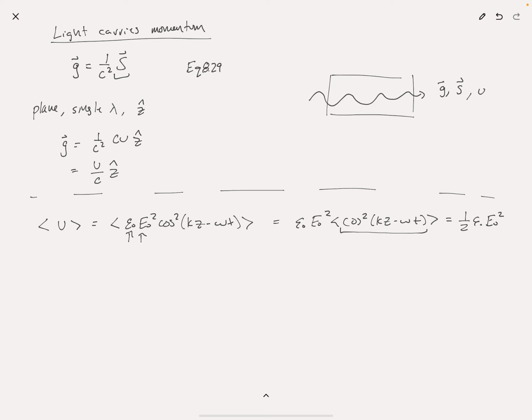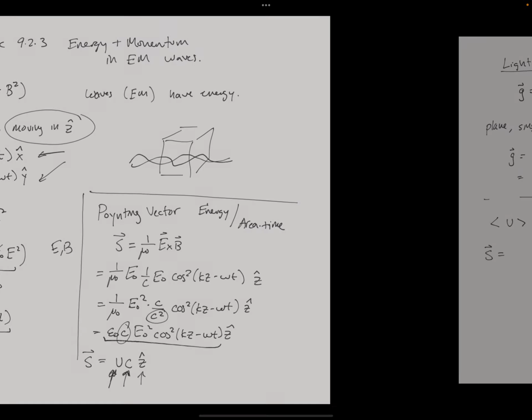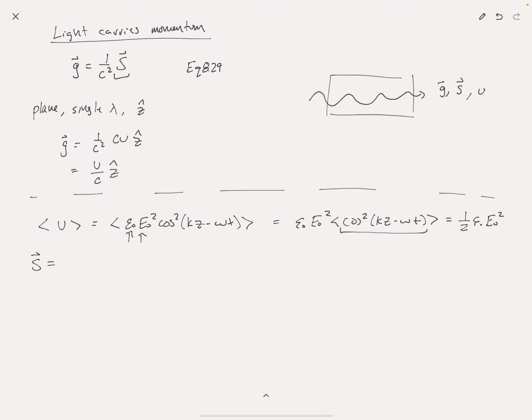So therefore, I can write my Poynting vector as something that's related to the average. So the average of U times C in the z hat direction, borrowing the line from above, is 1/2 epsilon naught E0 squared times C in the z hat direction. That's the average.